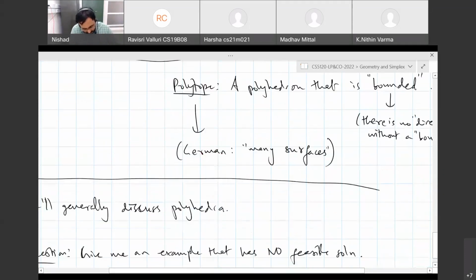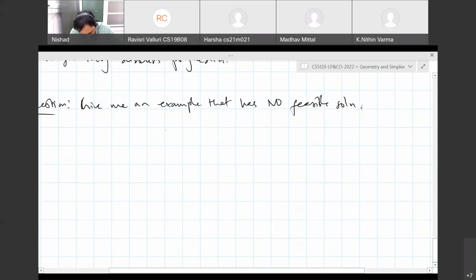So x1 plus x2 less than equal to 5 and greater than equal to 6. Right? Clearly, you can't find any x1 and x2 which will satisfy both of these, right? And in particular, you can draw the half spaces and see that the intersection is empty, which is exactly what it means to not have any feasible solution.